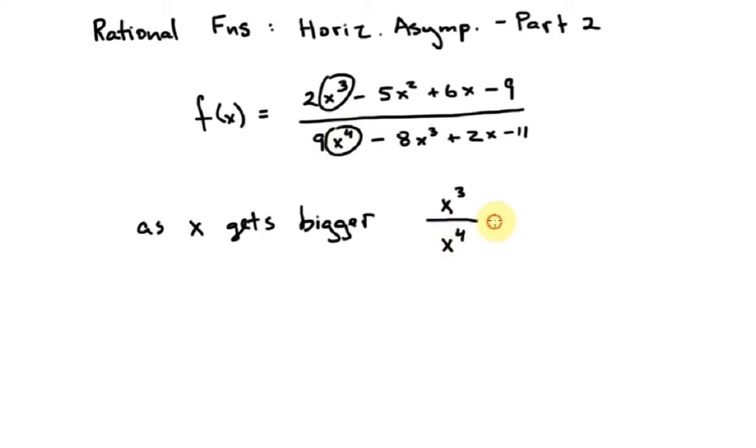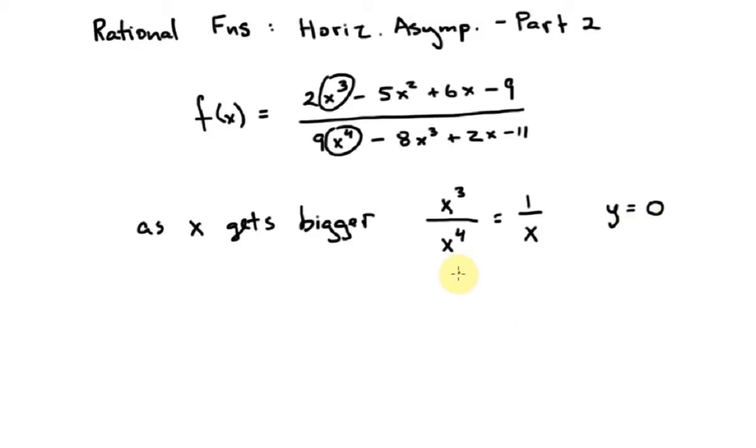Okay? And so it ends up behaving an awful lot like 1 over x. And anytime we have 1 over x, we know that its horizontal asymptote is the x-axis, which is y equals 0.